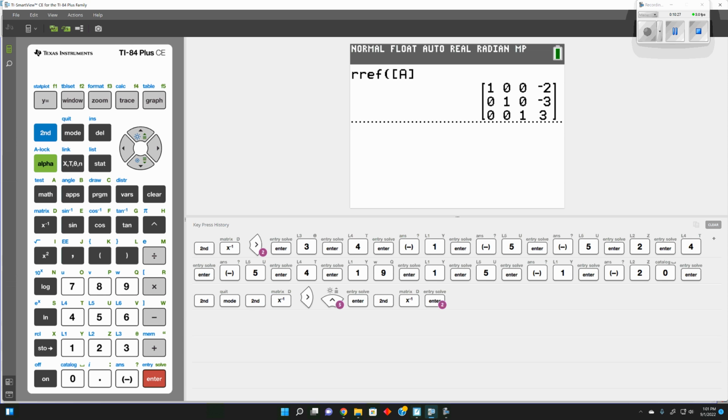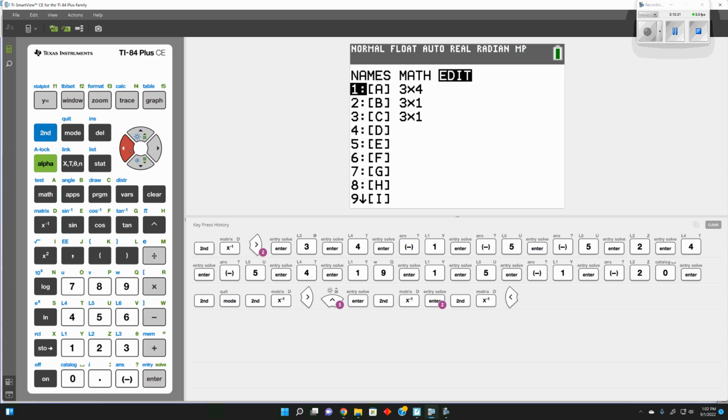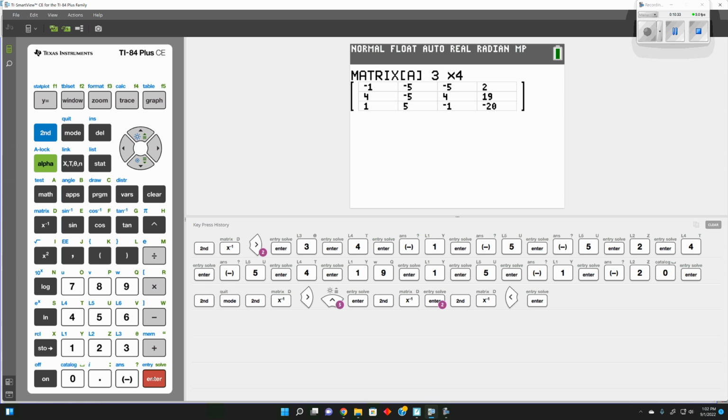So then we can pull up the calculator, and we can go second matrix and over to edit to put the matrix in. Now we input the matrices. We want to put them, because we're looking at 16, right? Whenever we have a 3-variable system of equations, it's always going to be a 3 by 4. That's just how it is. Now we just put the coefficients in.